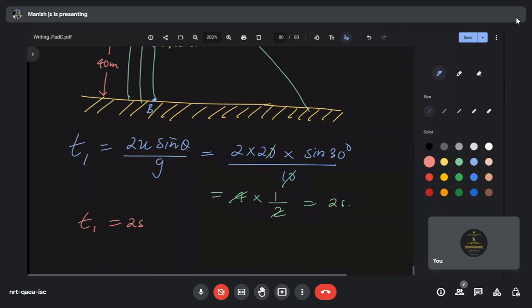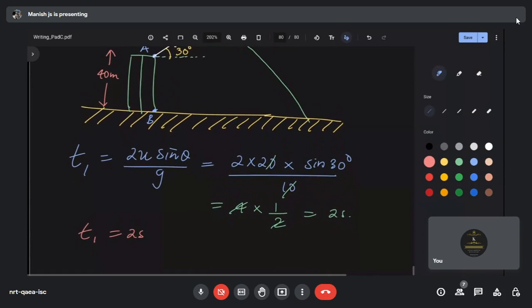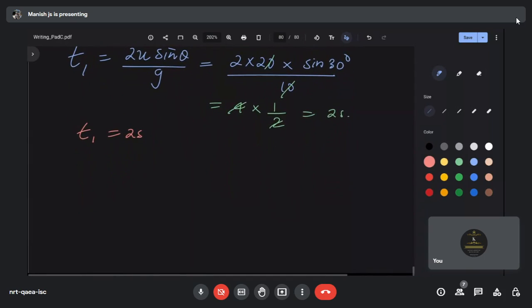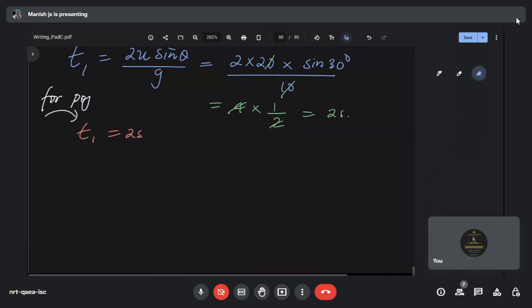Now the time taken by the ball to reach the ground, for the vertical motion. In projectile motion we have found 2 seconds. Now we need to find it using vertical motion, right? This one is for projectile motion. Again, you can make use of a kinematic equation.